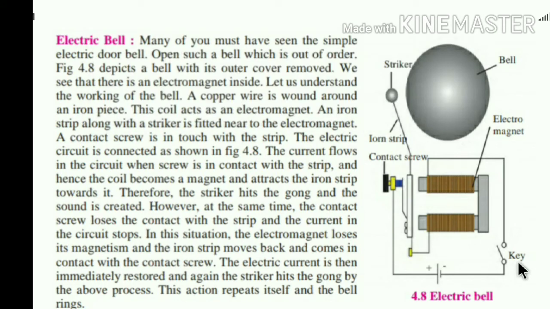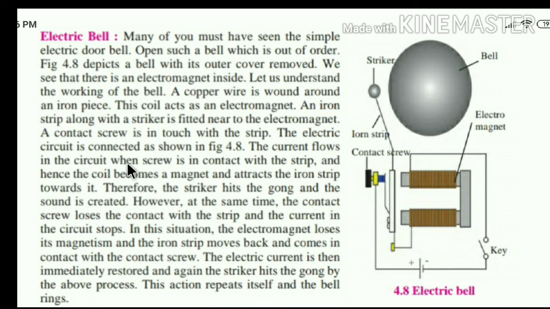when the screw is in contact with the strip, and hence the coil becomes a magnet and attracts the iron strip toward it. So when this circuit is completed by closing the plug key, current flows through this circuit.